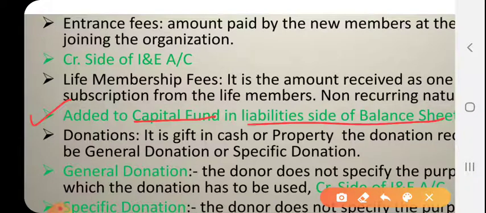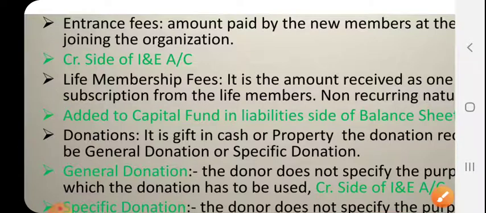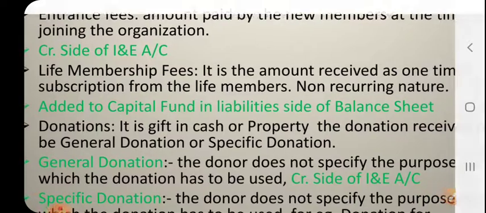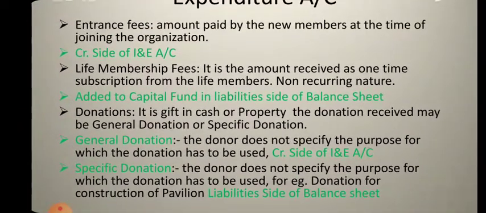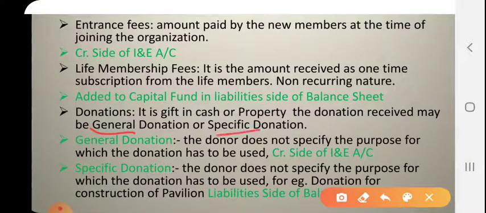The next is donations. Donation, we already know this term. It is a gift in cash or in property. Donation may be of two types: a general donation or a specific donation. If the purpose is not specified, it is known as general donation.